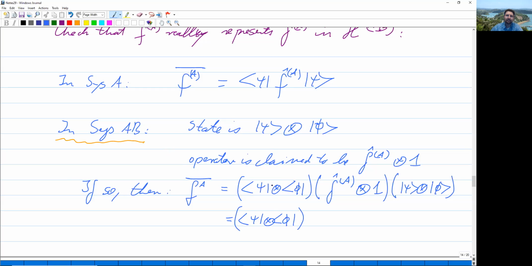So I'm just leaving this the same so far. And then we let this operator act on that vector. Remember we discussed above how that works. And what do we get? We get f hat A acting on psi. This is a vector. And then the tensor product with 1 acting on phi. So that's just phi.